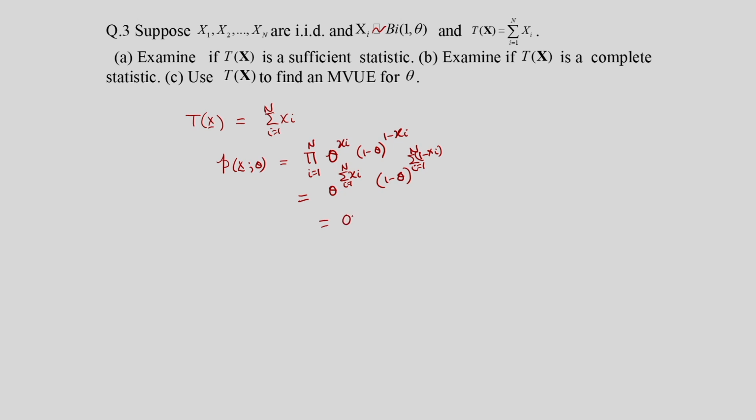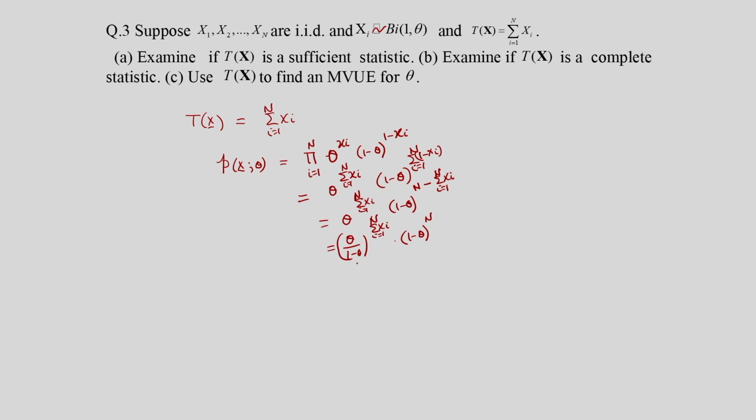So, that way this will be theta to the power summation xi, i going from 1 to n, 1 minus theta to the power, this first term will become n minus summation xi, i going from 1 to n. And this I can write as 1 by theta to the power minus summation xi, i going from 1 to n. So, that way theta by 1 minus theta to the power summation xi, into 1 minus theta to the power n.